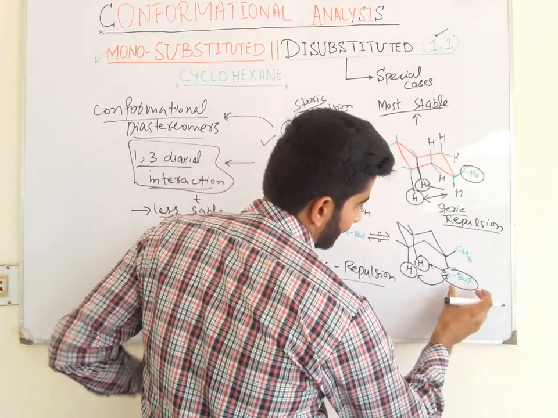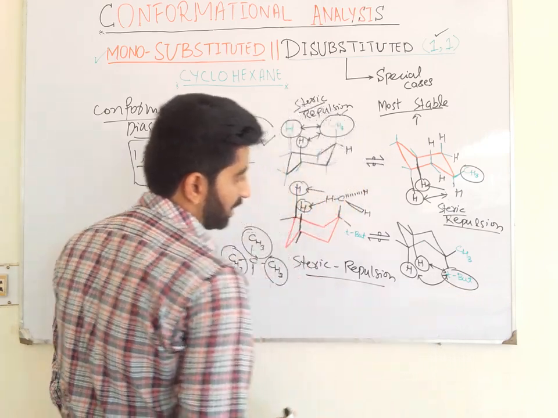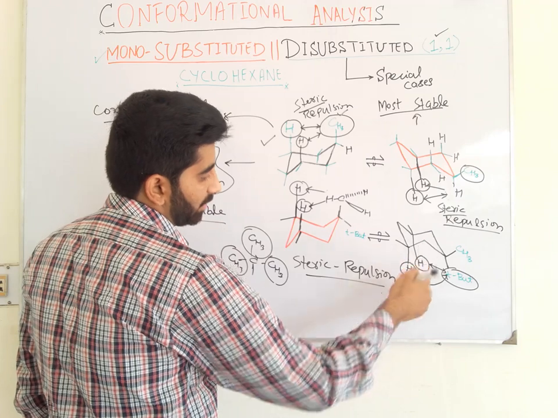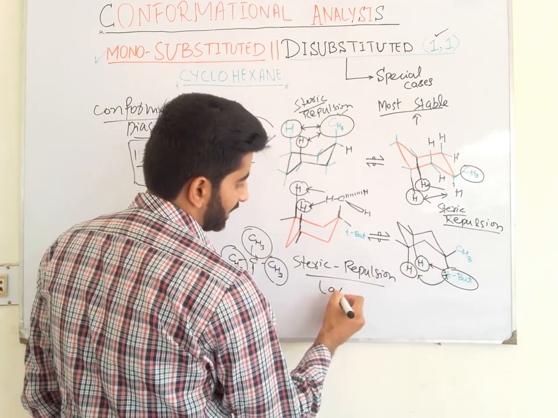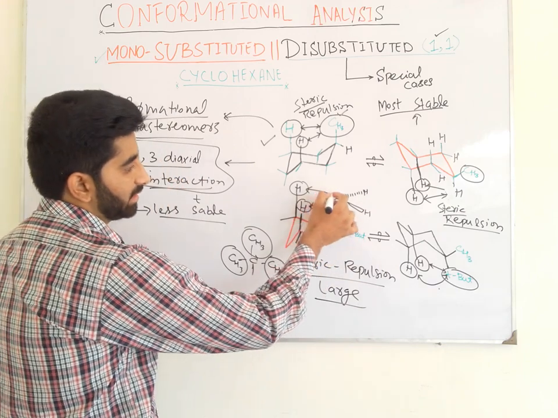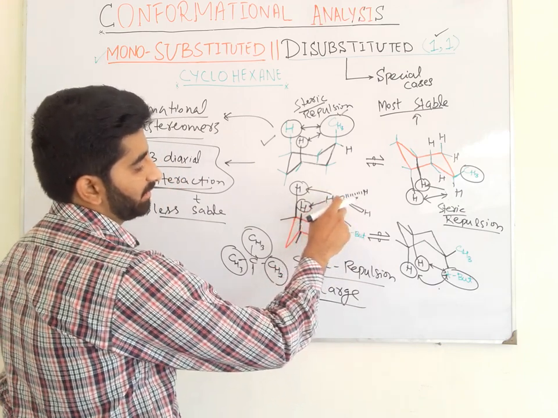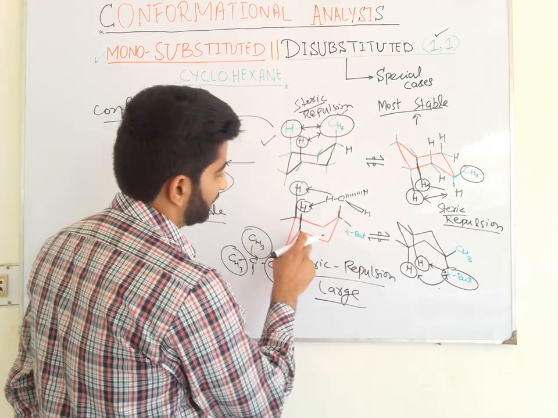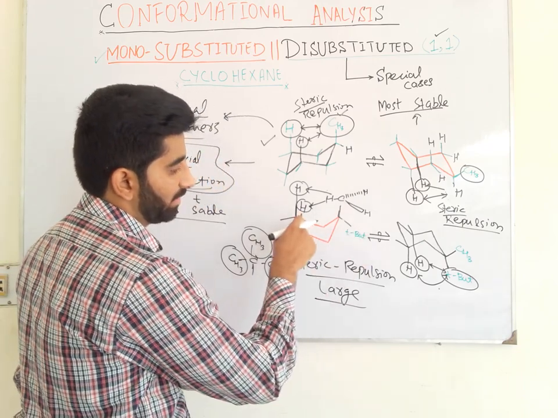In tertiary butyl there are three methyl groups, so due to the repulsion between the three methyl groups and two hydrogens, there is large steric repulsion in this conformation, and in this conformation there is only interaction between the one methyl group and two diaxial hydrogens. So there is less steric repulsion in this conformation.